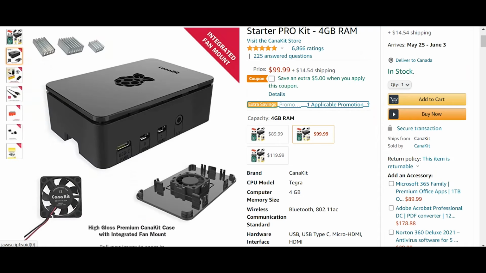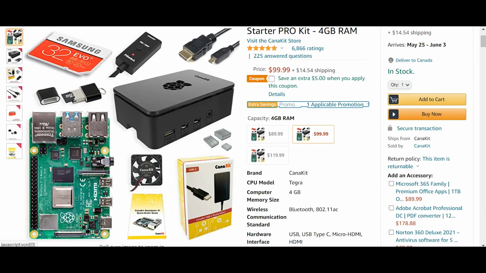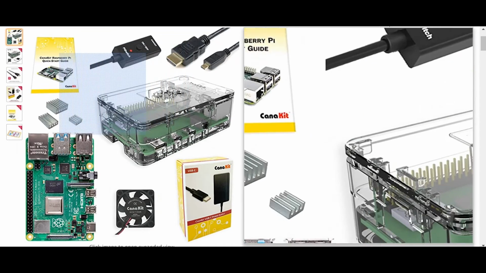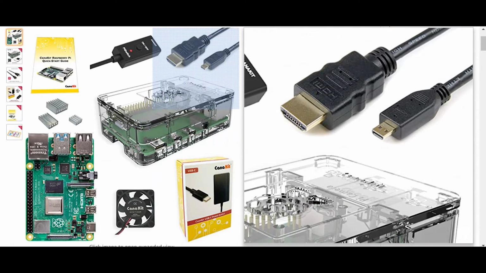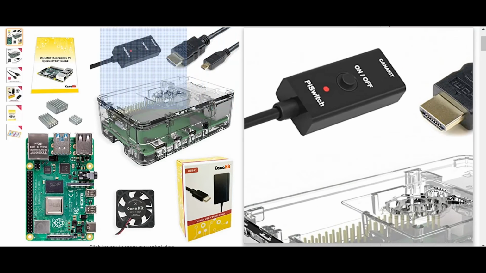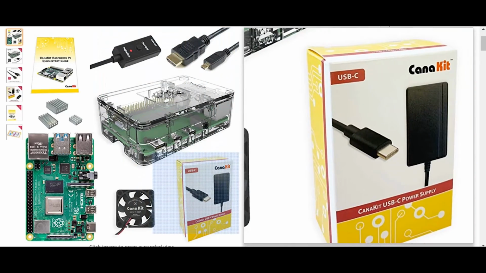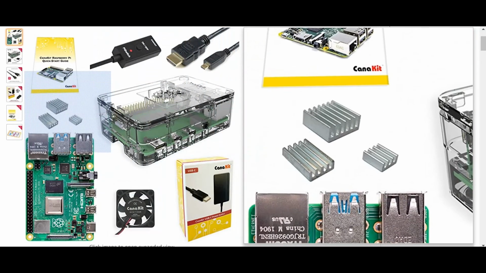So you're going to have all of these things for something around $100. Another model, this one has fewer accessories with a lower price, so it depends on what you have. It just has an HDMI cable, power switch, power supply, a fan, and heat sinks.